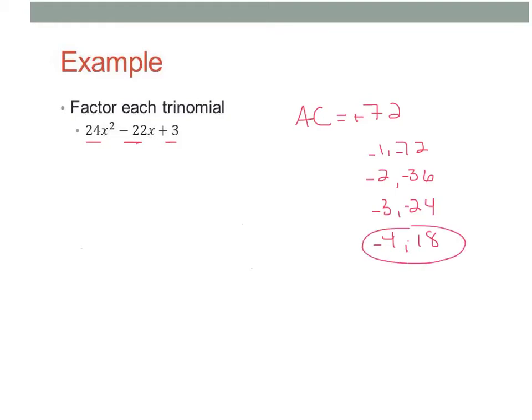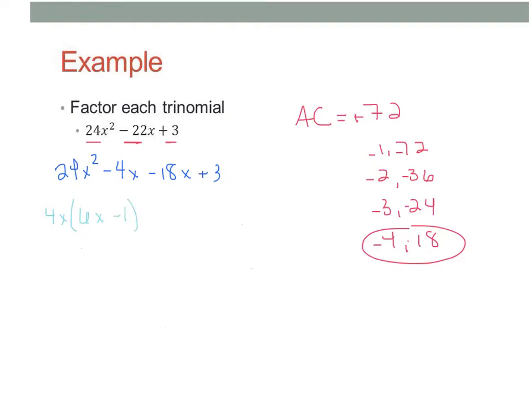So remember this is then that we factor by grouping. So if we make this 24x squared minus 4x minus 18x plus 3, that's still a negative 22 in the middle. And so greatest common factor, let's pull out a 4x, which is going to leave us with 6x minus 1.